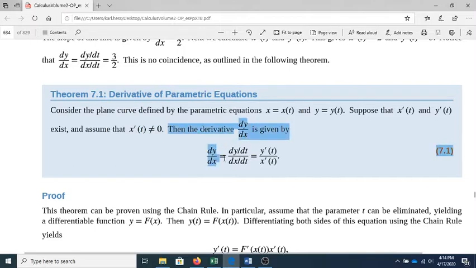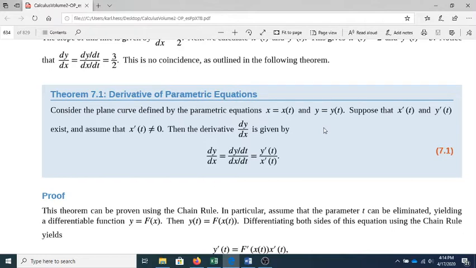Then if all that's true, dy/dx, which is the physical slope on the curve, same as it was in Calc 1, I mean x is horizontal distance, y is vertical distance, so we need them to get our slope, is just dy/dt over dx/dt. Pretty straightforward thing to apply, and that's our first calculus theorem for parametric equations.